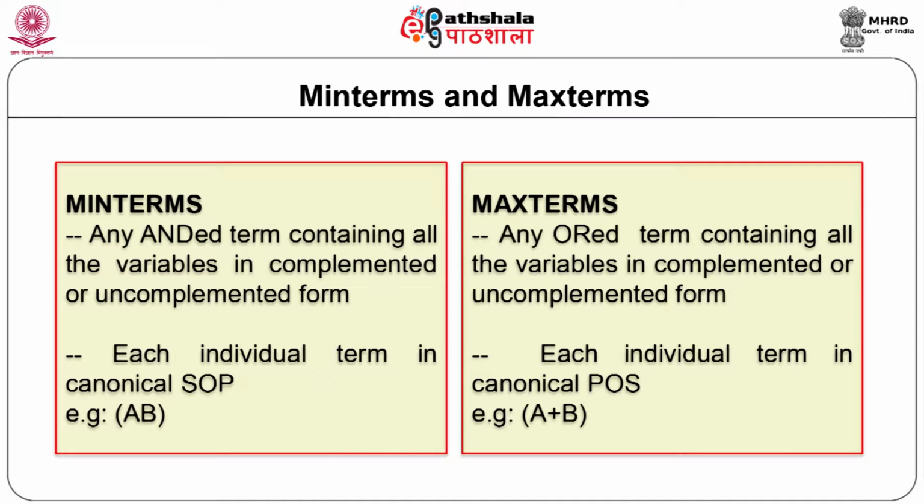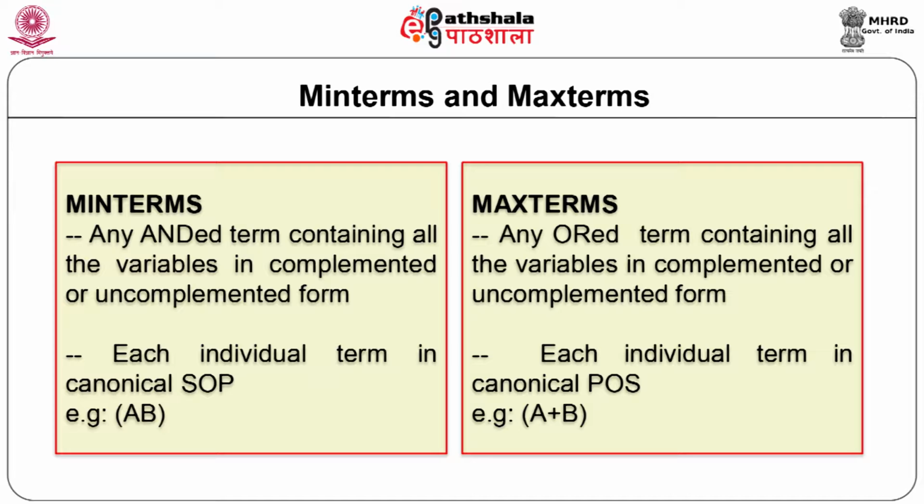There are 2 raised to n min terms for n Boolean variables. These min terms can be generated from the binary numbers from 0 to 2 raised to n minus 1. Any Boolean function can be expressed as logical sum of min terms.